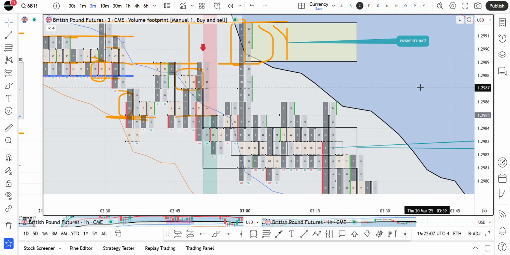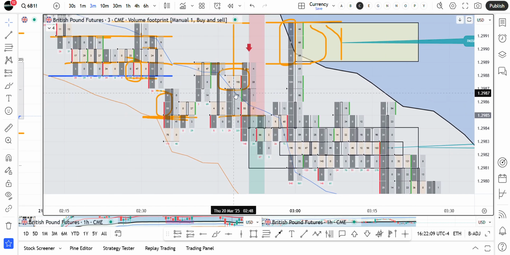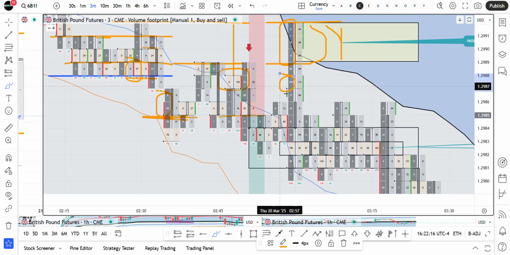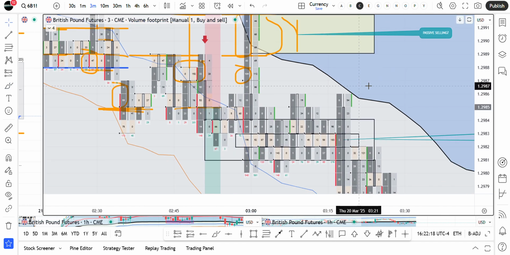And then you see in here as well, you get this huge amount of selling, which is here 100 plus contracts. And for each market also, this is why you need to start with one market. If you're trading footprint, start with one market, understand what is low volume, what is high volume, when there's a switch in the tempo, and how you can identify it.